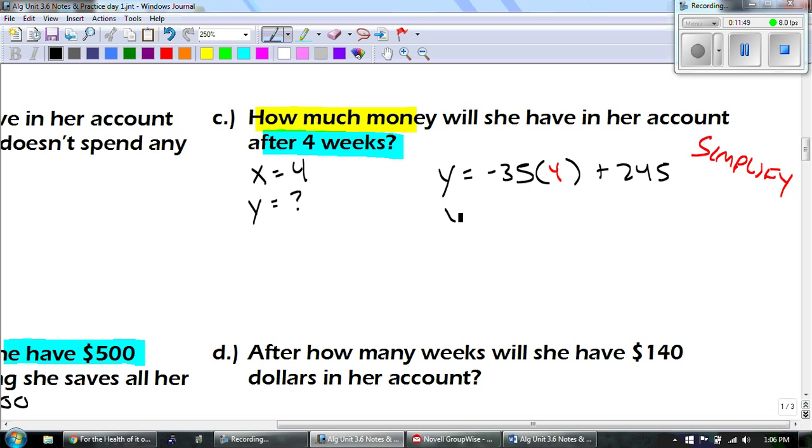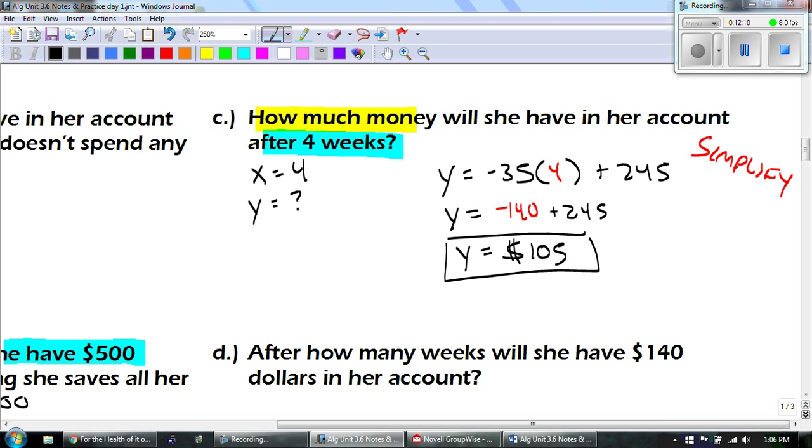So y equals negative 35 times 4. What'd you get? Yeah, you should have gotten negative 140. So negative 140 plus 245, and when we do that, we get 105. So after 4 weeks, she has $105 left.